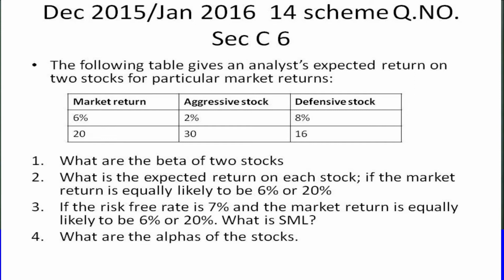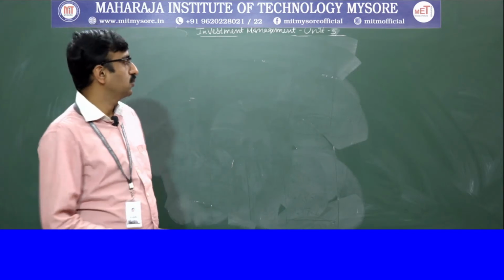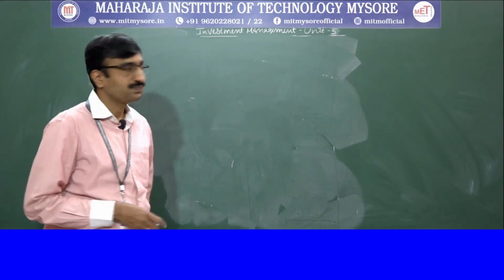Third, if the risk free rate is 7% and the market return is equally likely to be 6% or 20%, what is the SML, the security market line? Last, what are the alphas of the 2 stocks? These questions are something different, so we can go directly to the solution.